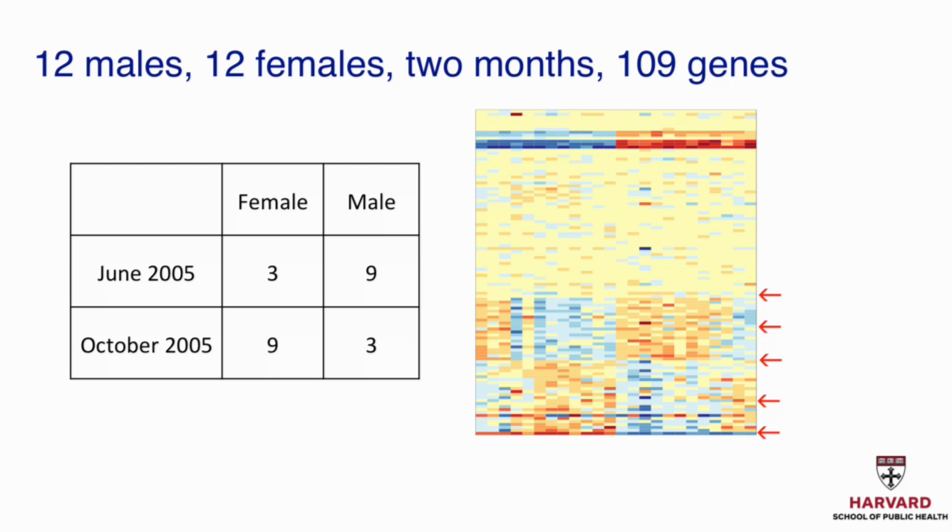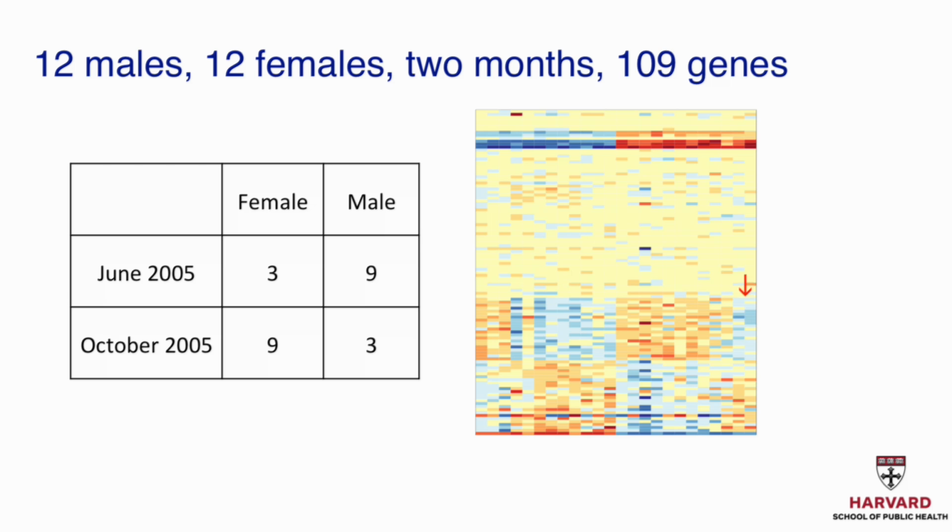Then we took a set, shown down here, where the genes were associated with batch, so they changed from June to October. And you can see here, this must be June, the orange, and the blue is October, right? And vice versa down here. So within the females, there's 3 in June and 9 in October.